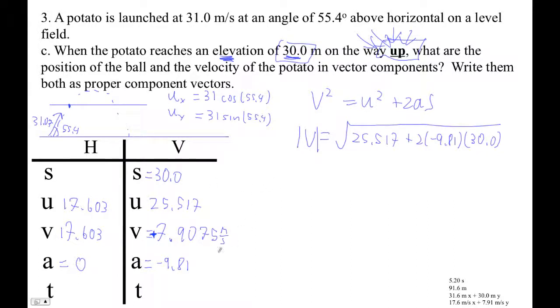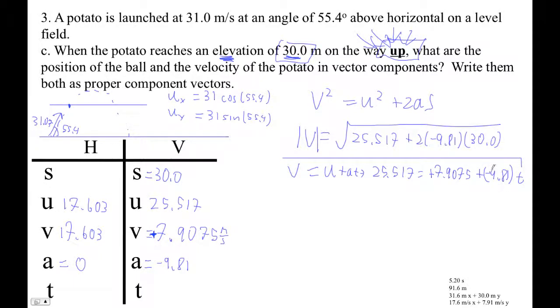Okay, now I'm set. Now I can find my time. I'm going to use v equals u plus at. So 25.517 equals positive 7.9075 plus negative 9.81 times little t. Okay, there we go.